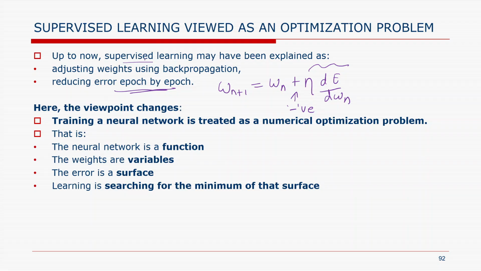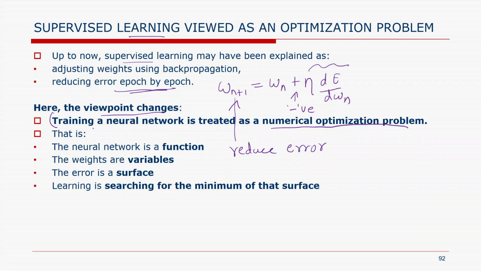But when we view supervised learning as an optimization problem, the view changes. Training a neural network is treated as a numerical optimization problem. It is not just updating the weights; when we update the weights, we have to reduce the error, and that is the optimization we have to achieve.